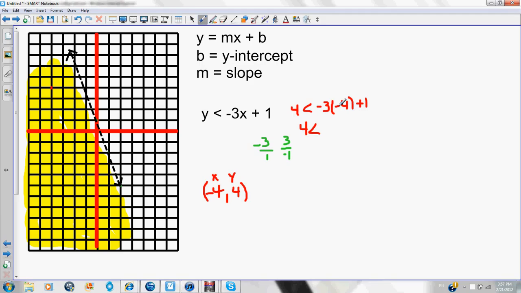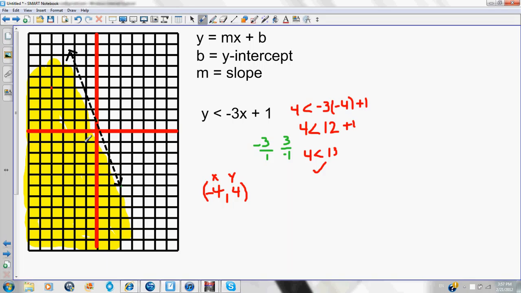Anytime you have 2 negative signs in multiplication or division, that is an even number, and an even number of negative signs means positive. So that gives you positive 12 plus 1, which gives you 4 is less than 13, which is a true statement. Good for us. That means that it satisfies it.